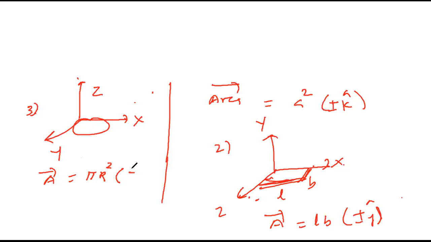It can be either plus or minus k cap, which is along the z axis. So can I say the area vector for 2D is always normal to the plane, either upward or downward? Both are correct. Okay.